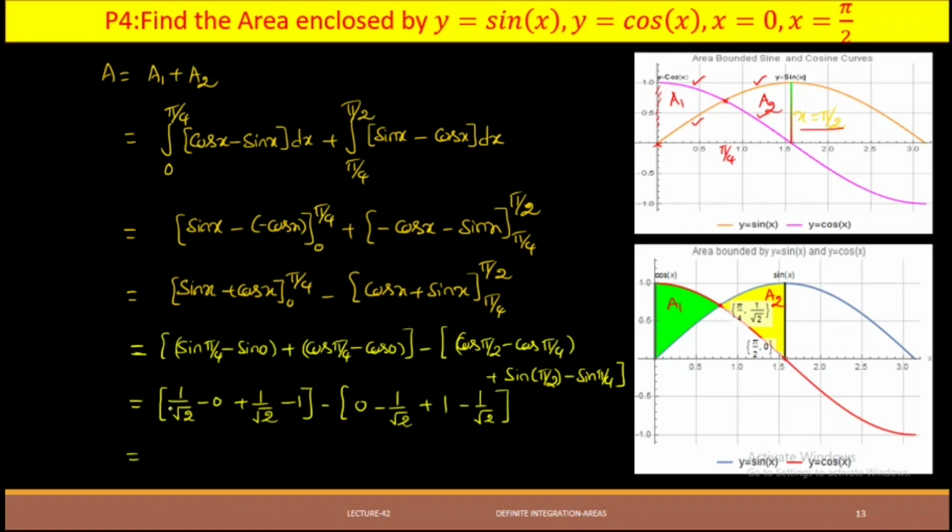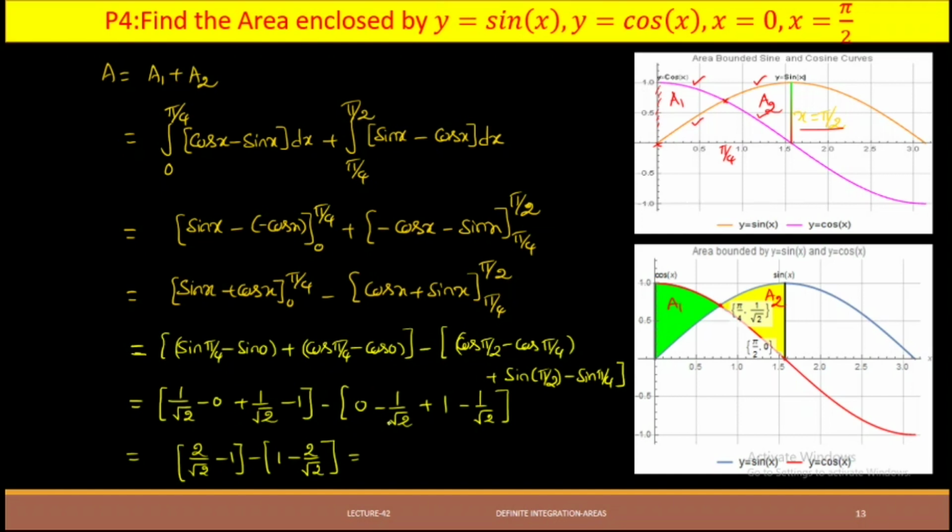So this is equal to 2 by root 2 minus 1, minus, what is this value? It is minus 1 by root 2 minus 1 by root 2. It is 1 minus 2 by root 2.